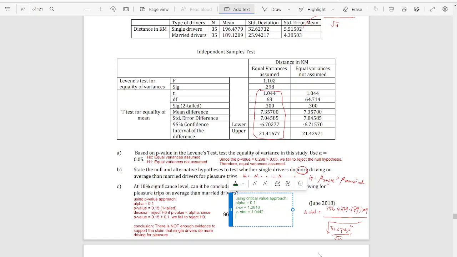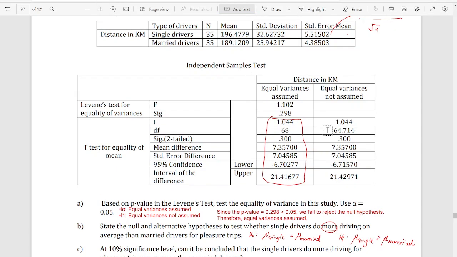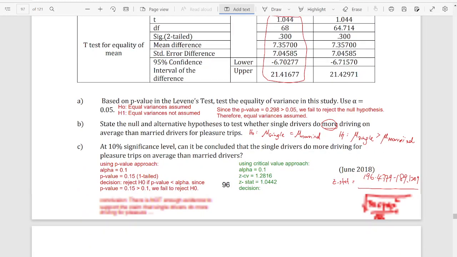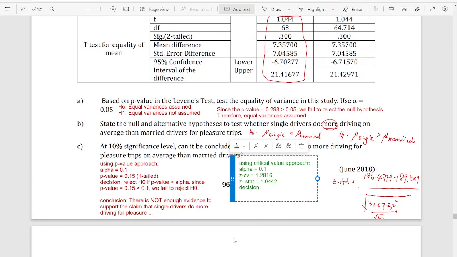So based on this value, you can come up with your decision. So what is the decision? Let me make it bigger. The decision will be reject H naught if Z stat is greater than Z critical.